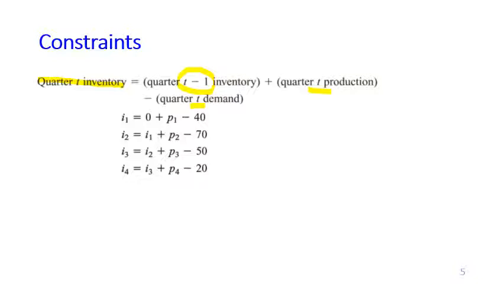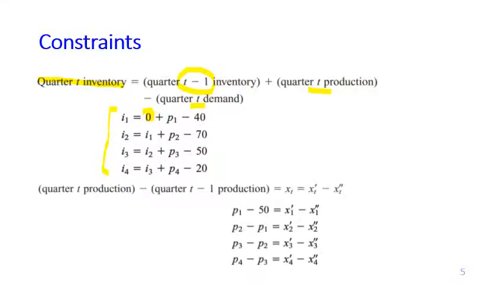So you will have 4 constraints here, one for each quarter, and then you know that at the beginning of time 1 you have 0 inventory, or you can say the ending inventory of time 0 is 0. So that's how you get this 0 here.